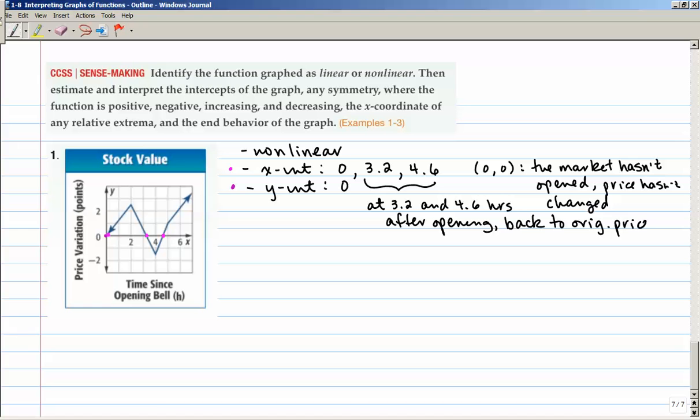You'll see that before that, the price went up, and then went down, and then came to its original price, and then continued to go down and came back up, hit its original price again, and then continued to increase. So those are my intercepts.